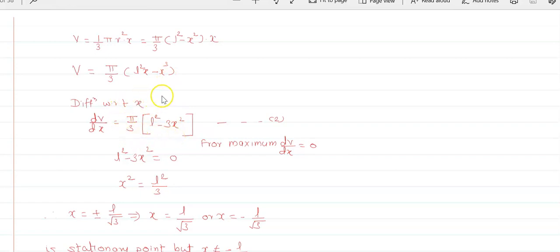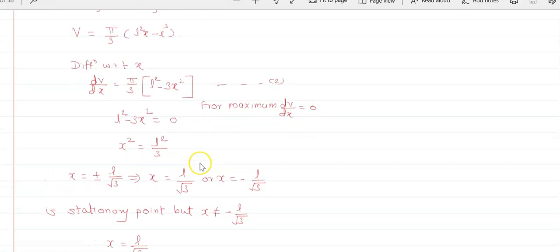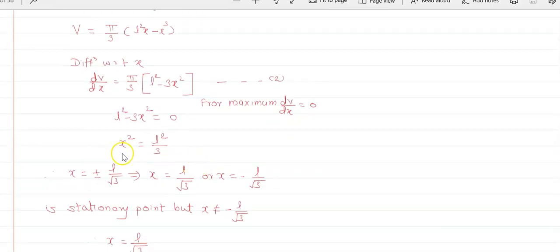Now to find the maximum or the minimum, we always equate the first derivative to 0. Here we have the case of the maximum, and that's why we write dV upon dx equals 0. Therefore L square minus 3x square equals 0, so x square equals L square upon 3, and x equals plus or minus L upon root 3.